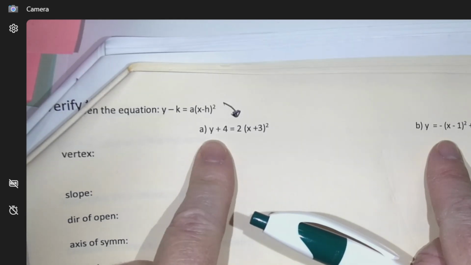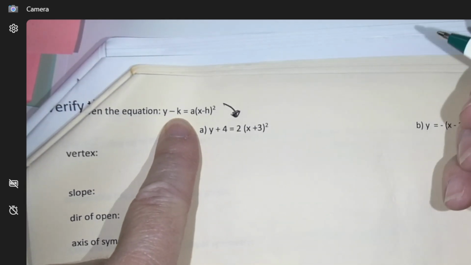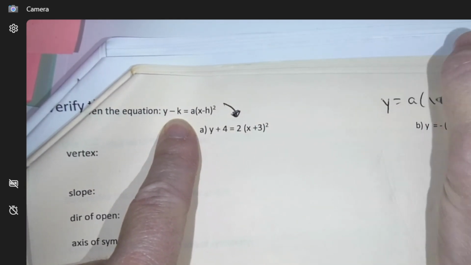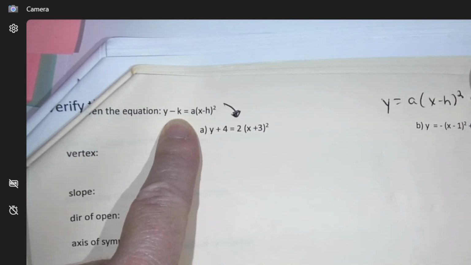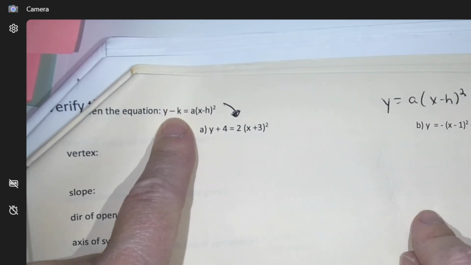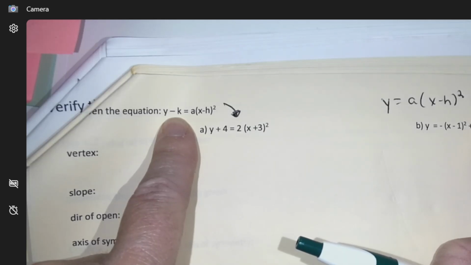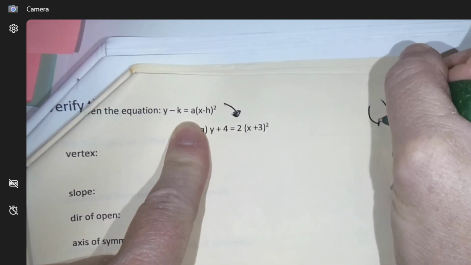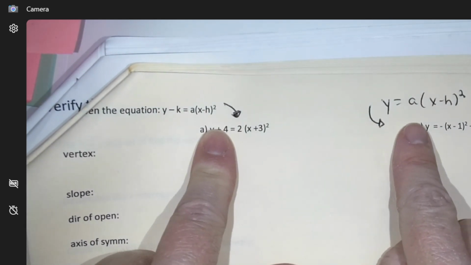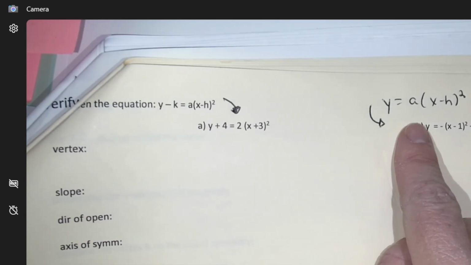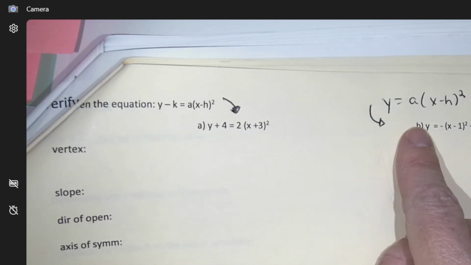The only difference is this K. So this side has a minus K, but if I put it on that side, it would have a plus K. Okay, so these are the exact same formulas with just one algebra move. Okay, but they're the same formula. They do the same thing.